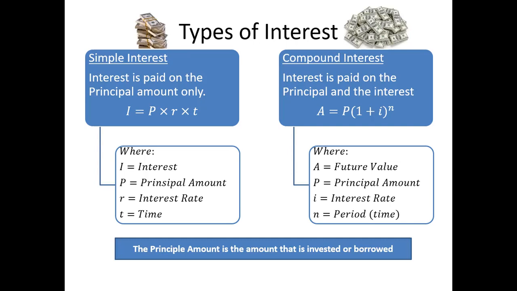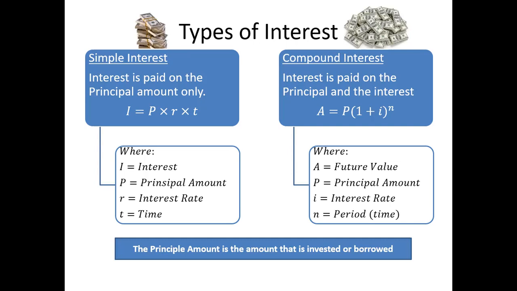Well, on the simple interest side, I is for interest, P is for the principal amount, R is for interest rate, and T is for time. But on the compound interest side, you will see we are not calculating the interest. We are indeed calculating the future value A. So A is equal to the future value.